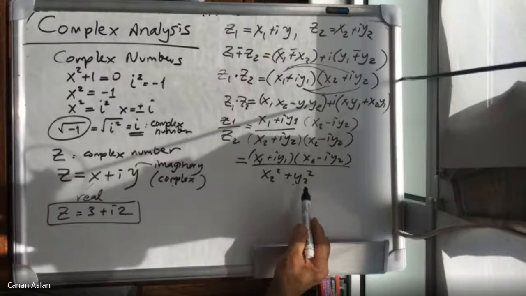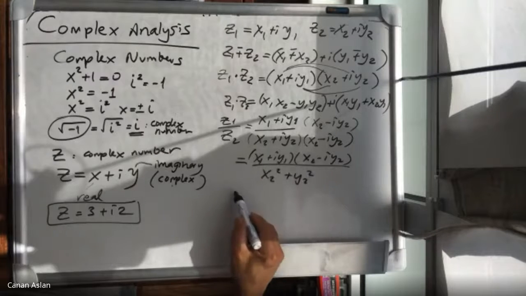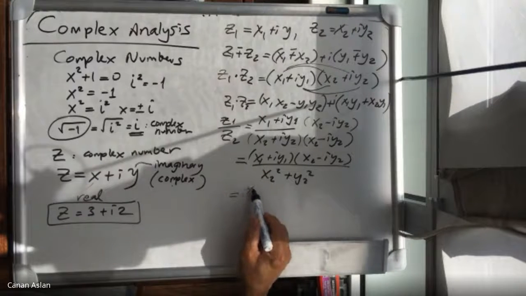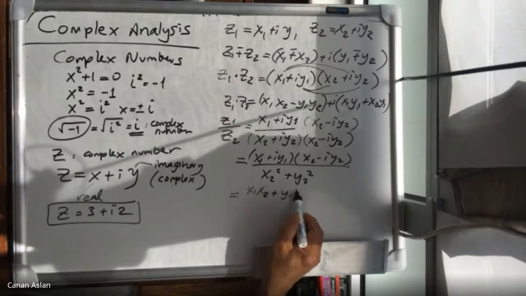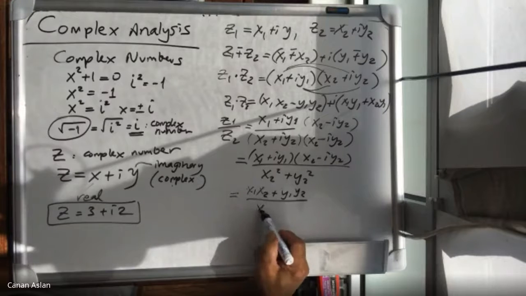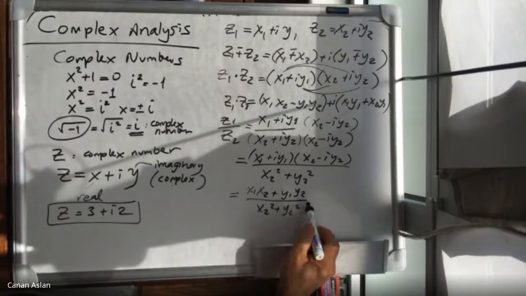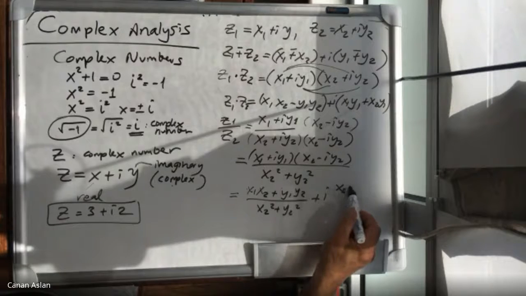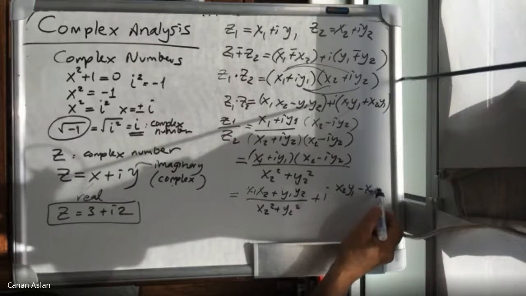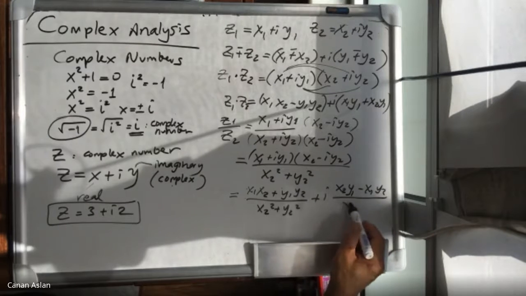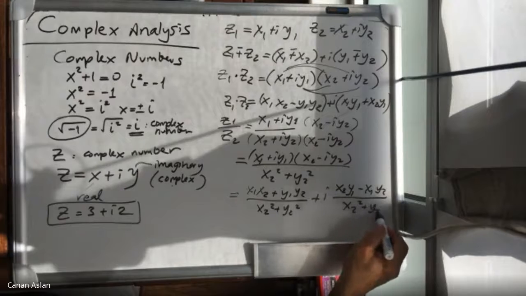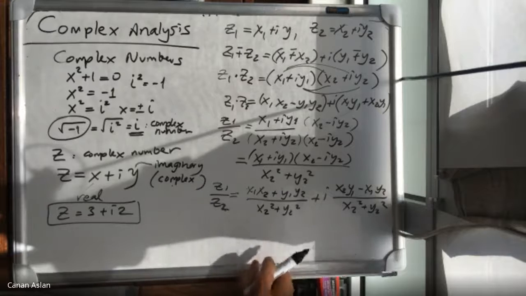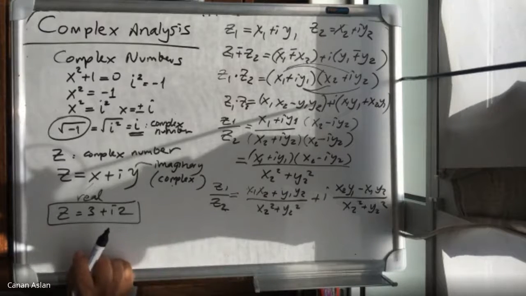But we can still open this up to write real and imaginary parts separately. Of course, you don't have to memorize this. The real part is x1 x2 plus y1 y2 divided by the denominator x2 squared plus y2 squared, and the imaginary part is x2 y1 minus x1 y2 divided by the same denominator, x2 squared plus y2 squared. So this is z1 divided by z2. Division is slightly complicated, but not really very difficult.